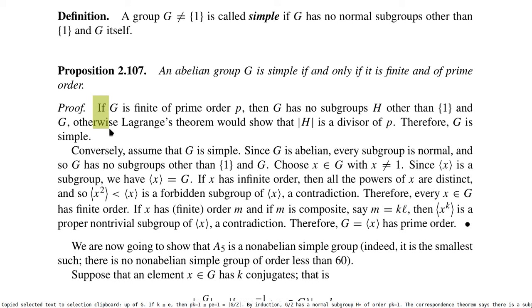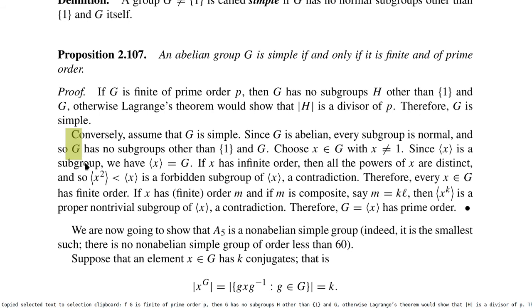So that was the forward direction: we proved that if we assume that G is finite and has prime order P, then it is abelian and a simple abelian group. Okay. For this one we have to assume that it is simple.